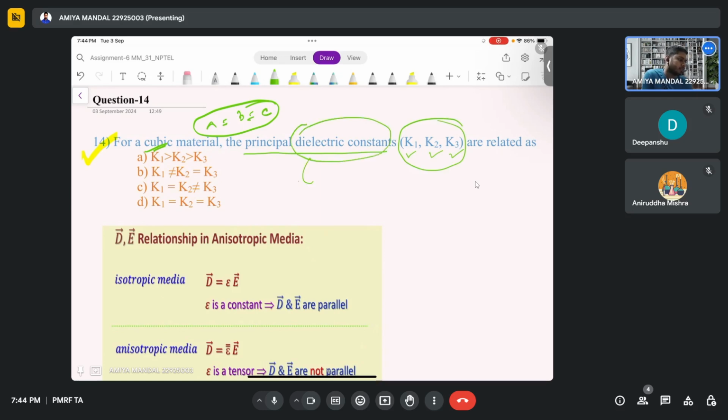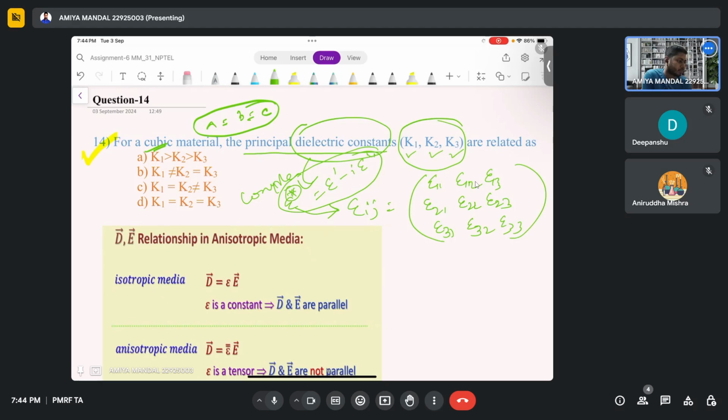Dielectric constant is a complex property, epsilon dash and epsilon double dash, and it is also a tensor: epsilon 11, epsilon 12, epsilon 13, 21, 22, 23, 31, 32, 33.